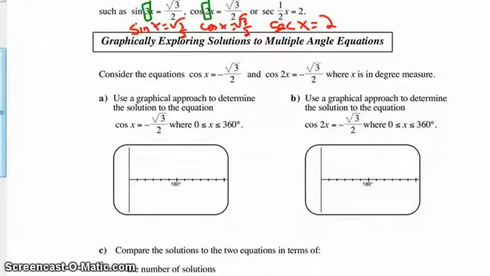use your graphing calculator and compare what the answers look like visually by using your calculator from 0 to 360. So keep your window at 0 to 360. My suggestion would be that instead of having a scale of 30 degrees, have your X window from 0 to 360, but put it in 15 degrees.